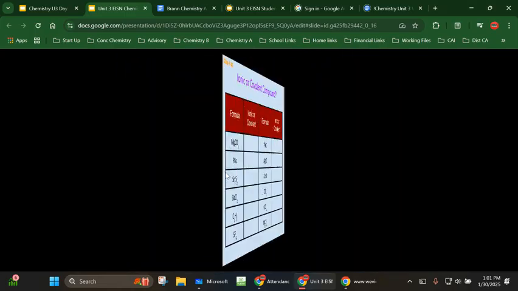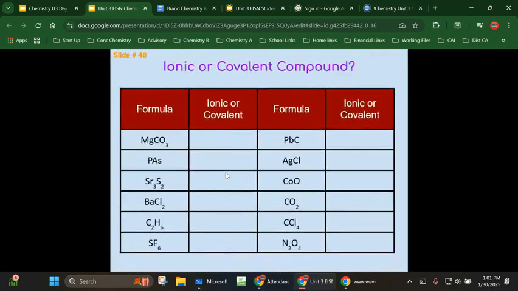Okay? So, take a look. Ionic or covalent? Why? Okay, there is a metal in it. Therefore, this has to be an ionic compound. Absolutely, good job. What's another way of knowing that that one is ionic for sure?